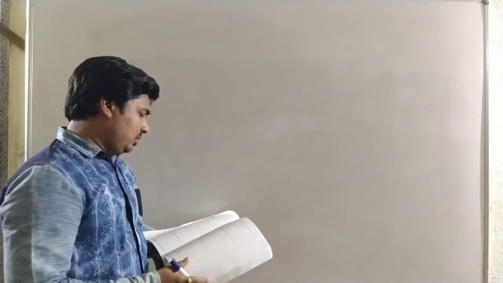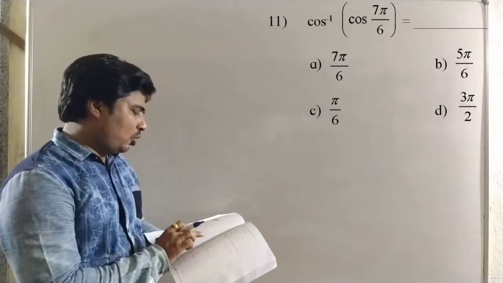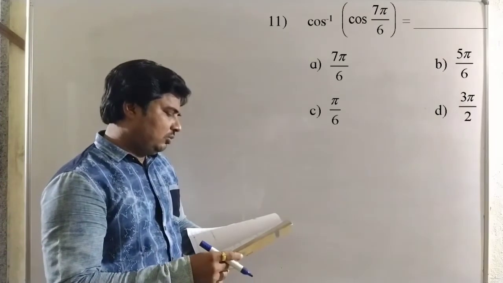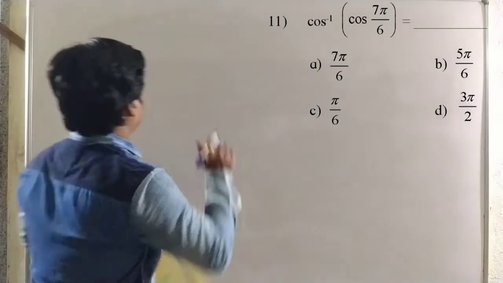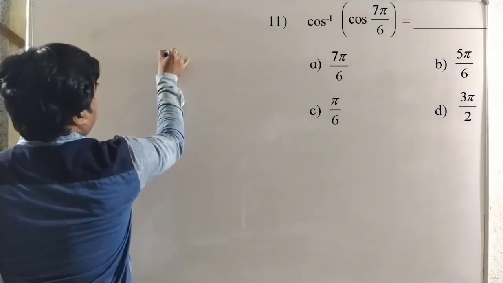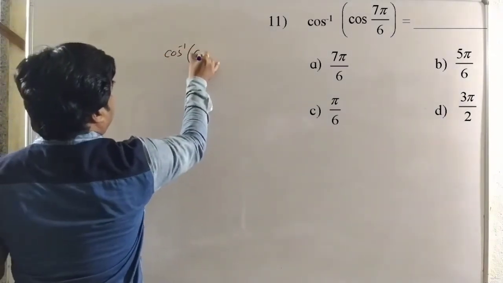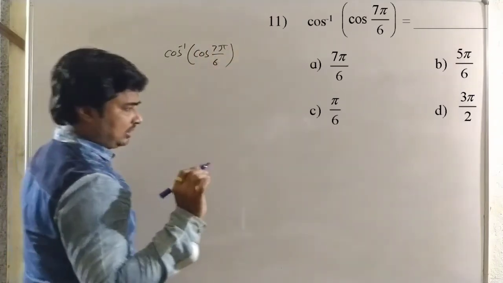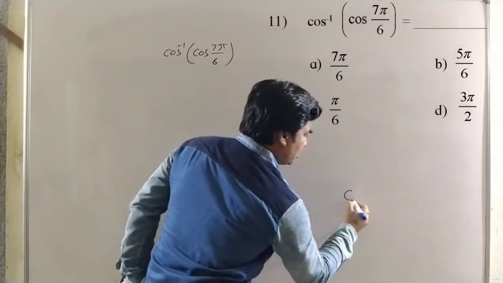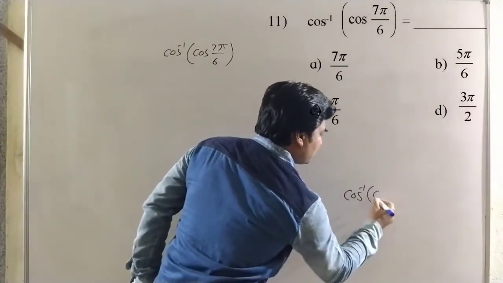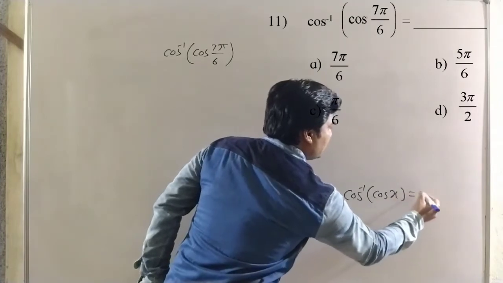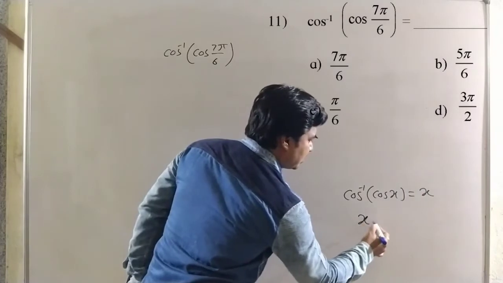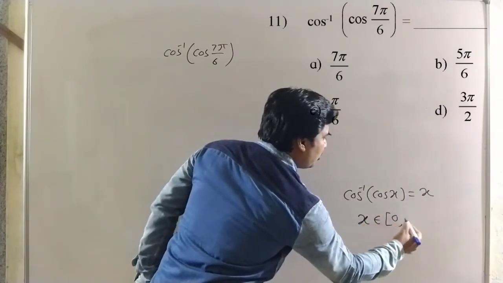Now question number 11: cos inverse of cos 7 pi by 6 is equal to. Here we want to find the value of cos inverse of cos 7 pi by 6. We know the property of cos inverse: cos inverse of cos x is equal to x, but only when the angle x is in the principal value branch, that is x belongs to 0 to pi.